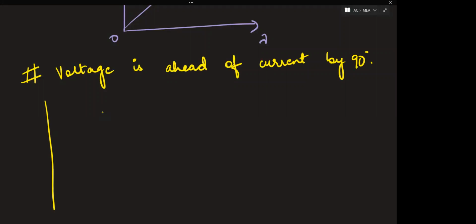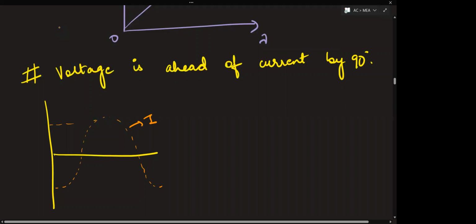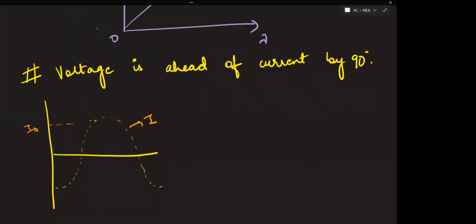So if I plot the graph, current will be lagging. This will be the graph of the current, where it will be having certain maximum value. And EMF will be having its normal value. This is EMF with its maximum value.